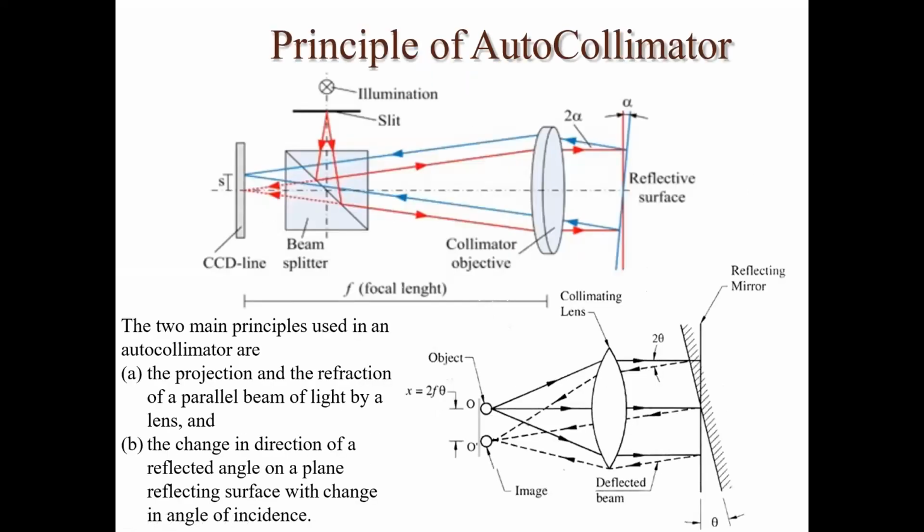Principle of the autocollimator. You observe here two main principles used in the autocollimator. What are those two main principles? One collimating lens is there.